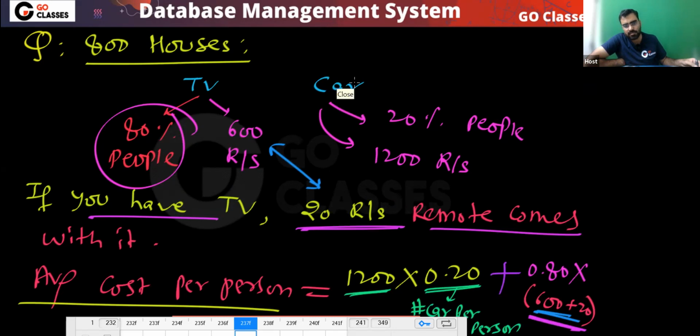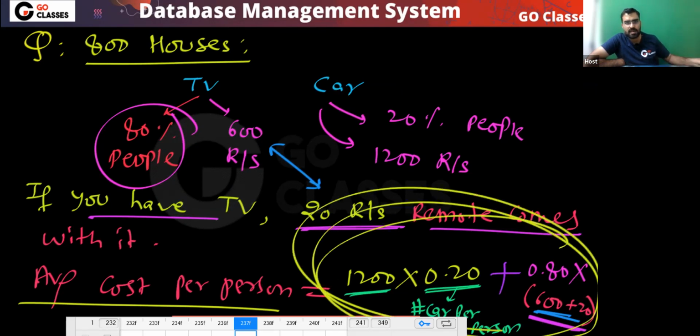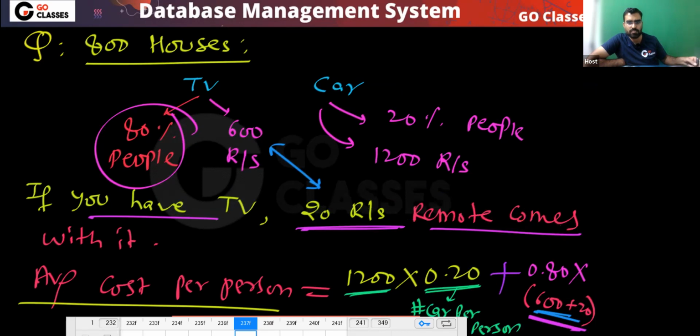Take your calculator and calculate what this value will be. I did not calculate the final answer, Nikhil. You can calculate this.